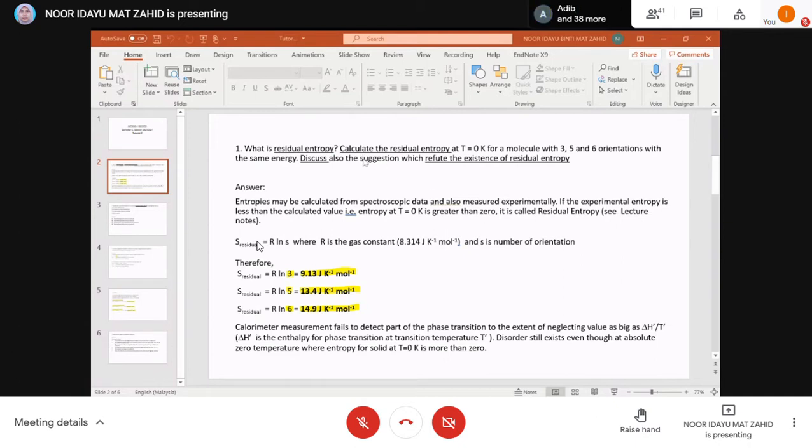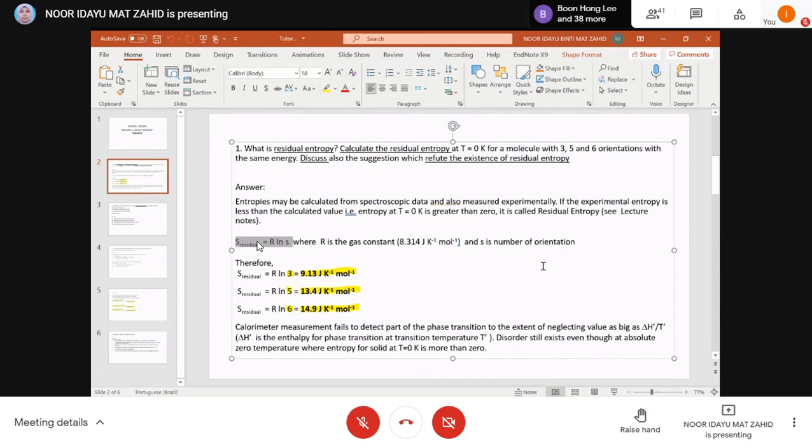So next part, calculate the residual entropy at 0 Kelvin for a molecule with 3, 5 and 6 orientations having the same energy. So this is the general equation for calculating residual entropy.